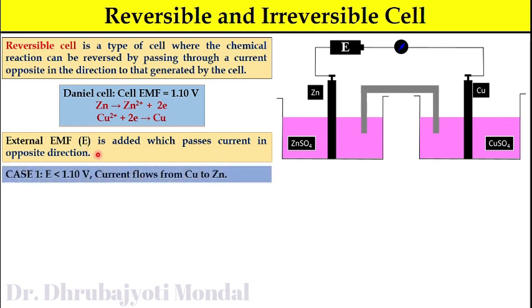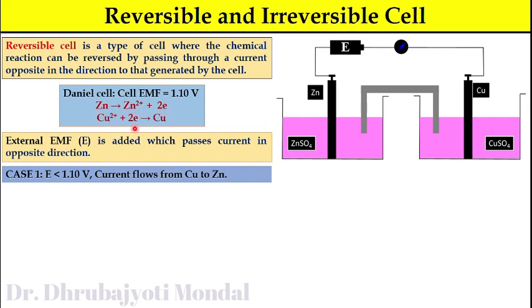Now you have to consider three cases. So case 1, if the EMF of the external cell E is less than 1.10 volt, then current flows from copper to zinc. That is the simple case. Copper to zinc, and this is the reaction that occurs at the two electrodes.